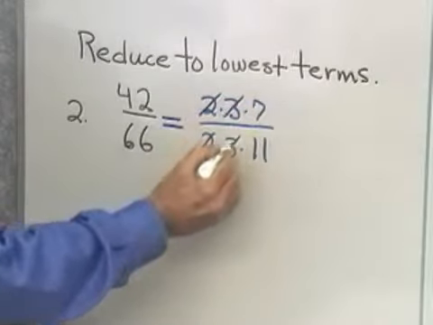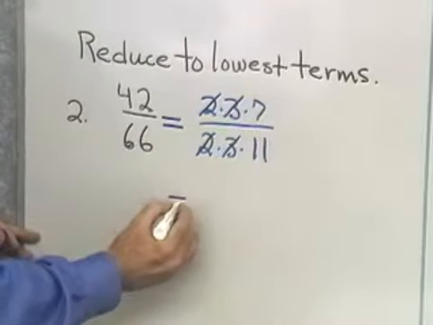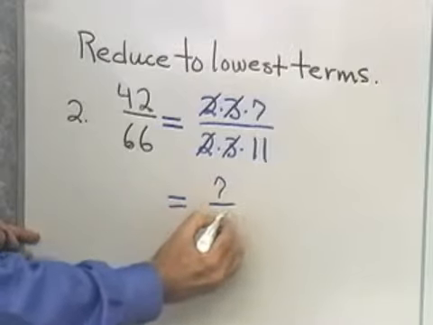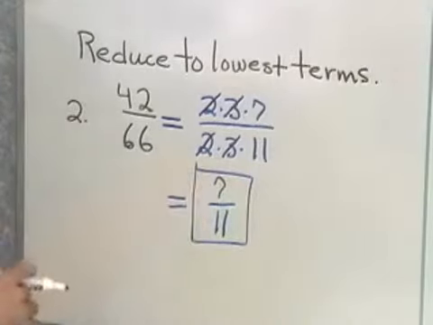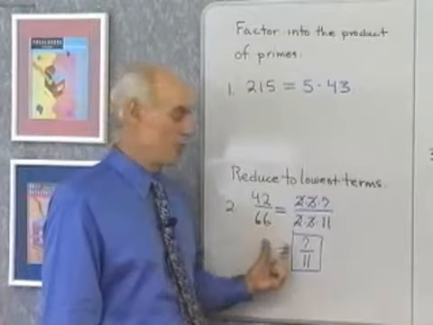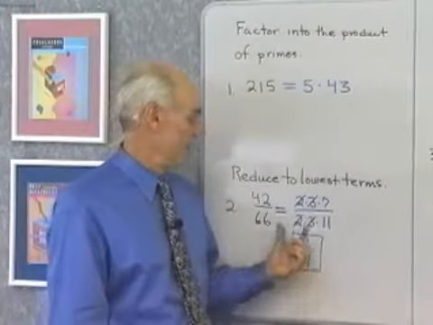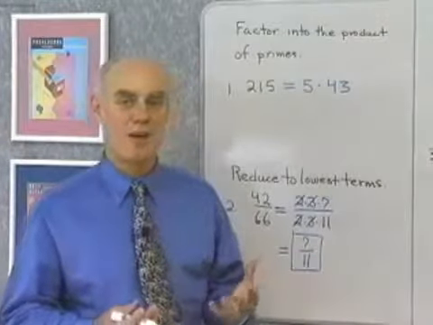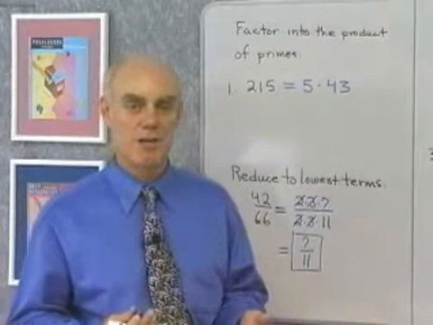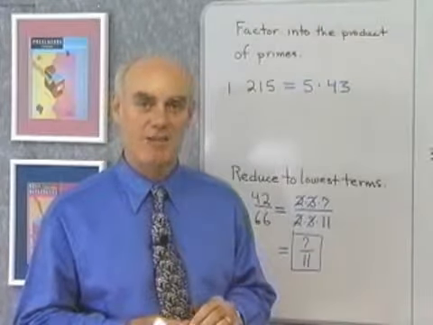Then I'll divide by 3, I divide out those factors. What's left in the numerator is 7, in the denominator 11, so 7/11 is this fraction reduced to lowest terms. So that's factoring, that's what's called reducing to lowest terms, and I accomplish it by factoring the numerator, factoring the denominator, and then dividing out any factors they have in common.